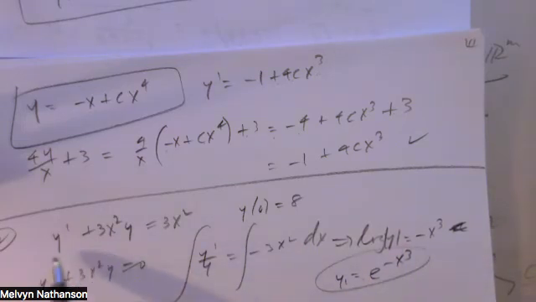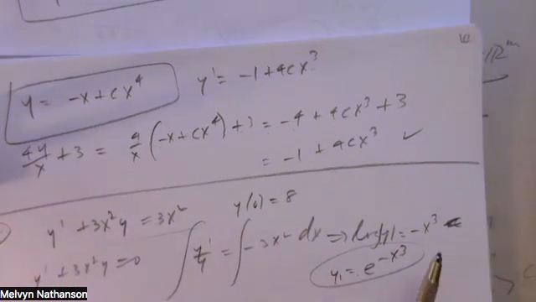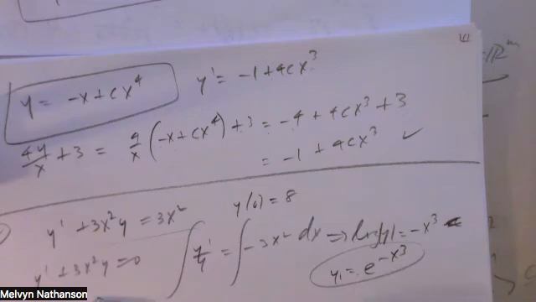So now we look for the general equation, we look for a solution of the form y equals u e to the minus x cubed.